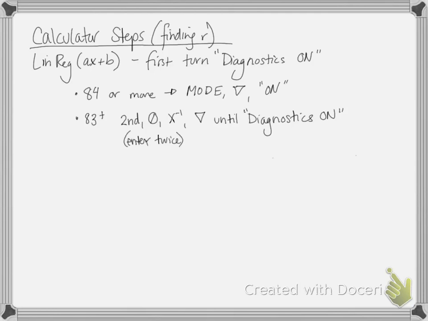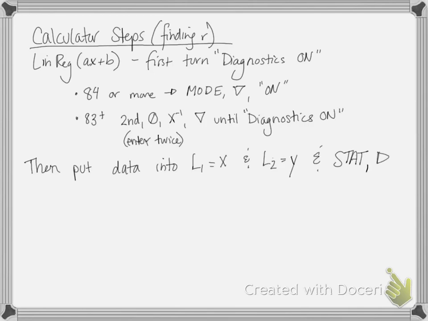So you turn your diagnostics on, then you put your data into L1, which is your X, and L2 would be your Y, and hit stat, arrow right to calculate, and select option number 4, which says linear regression.